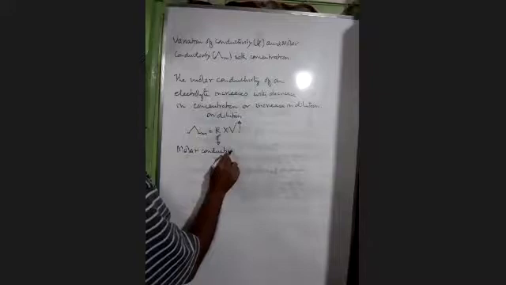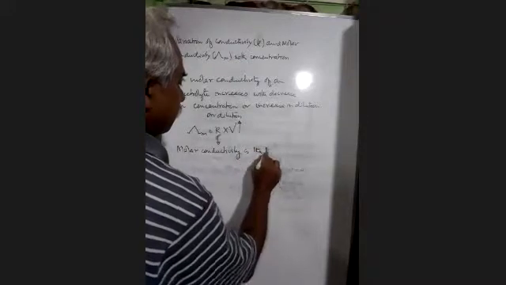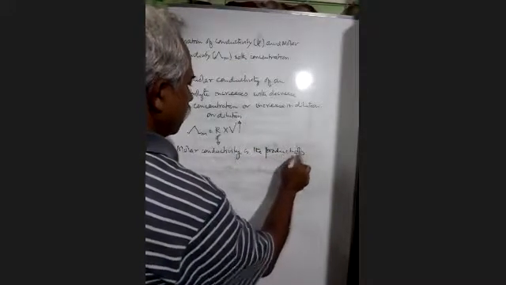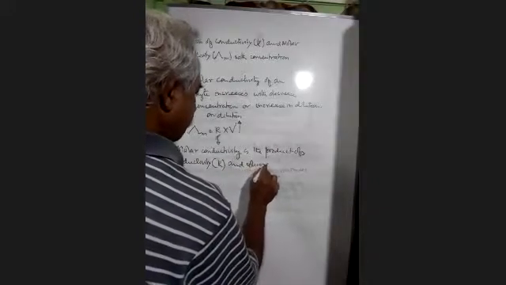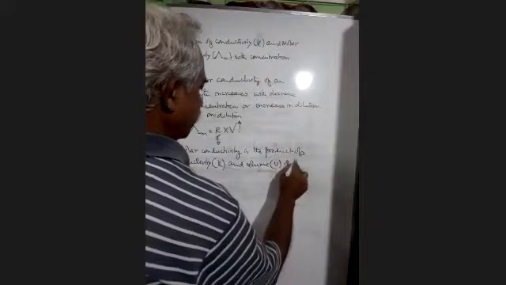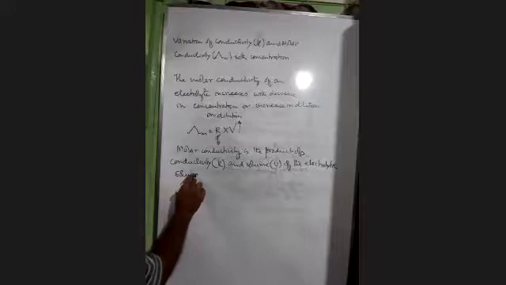So we'll write here: molar conductivity is the product of conductivity kappa and volume V of the electrolytic solution.